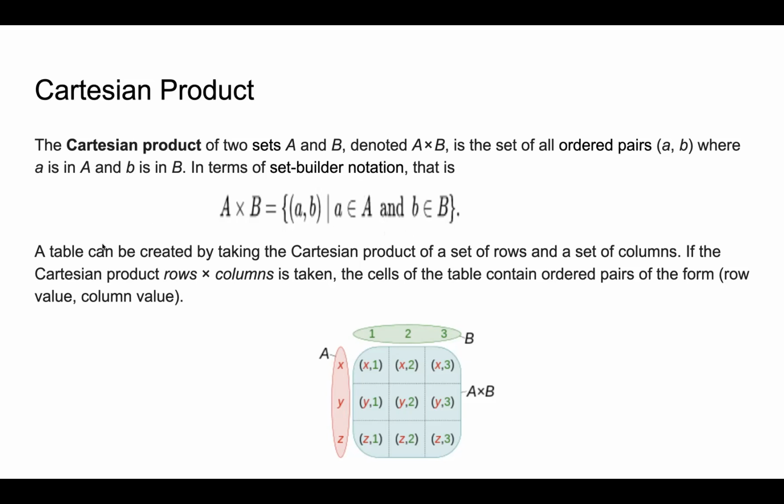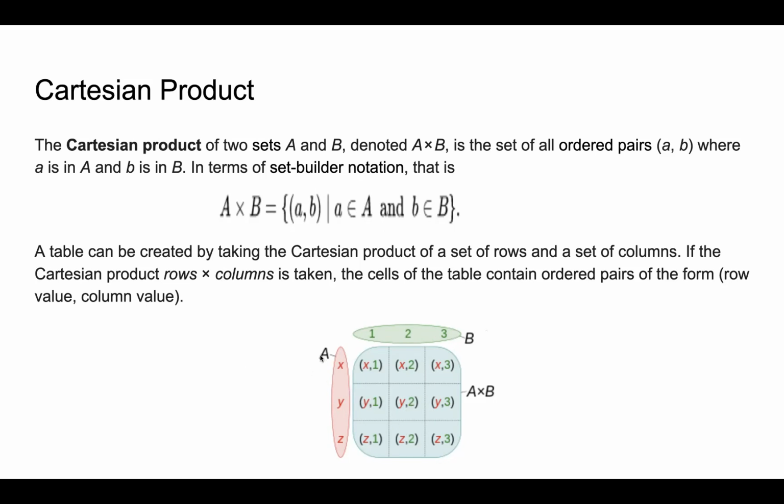Then a table can be created by taking the Cartesian product of a set of rows and a set of columns. If the Cartesian product rows cross columns is taken, the cells of the table contain ordered pairs of the form row value and column value.